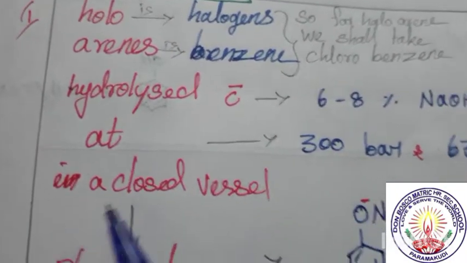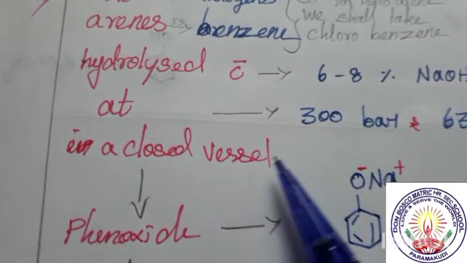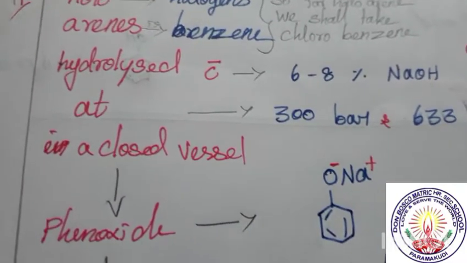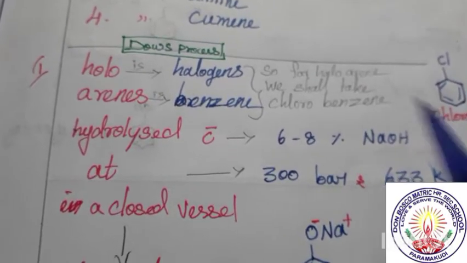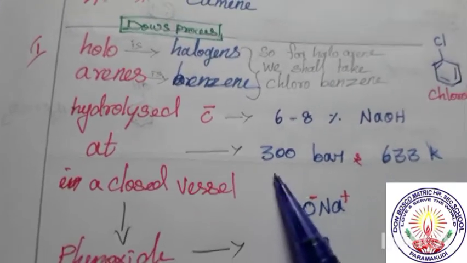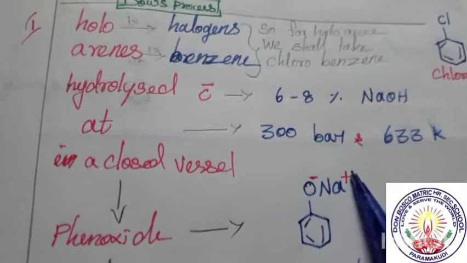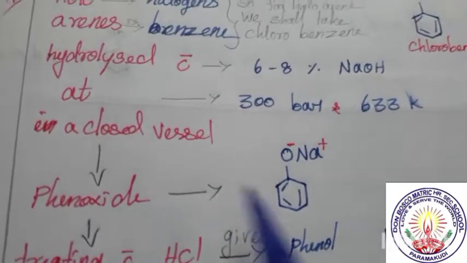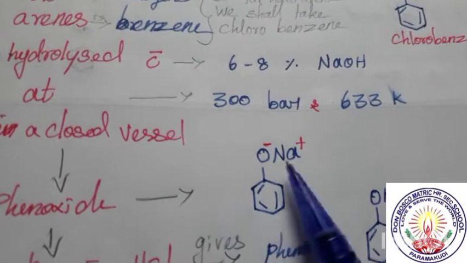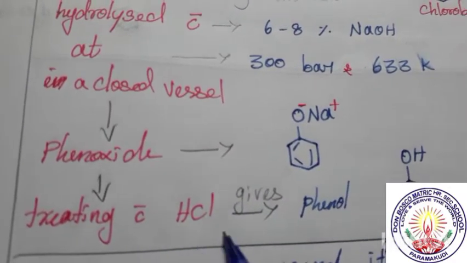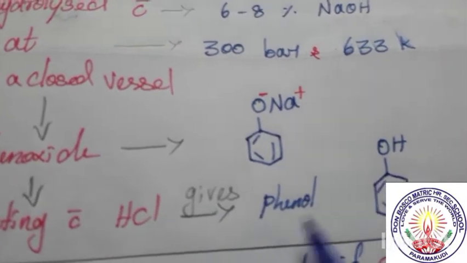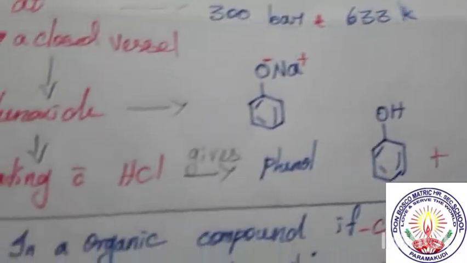And it is taken in a closed vessel. So we are getting sodium phenoxide. So when this chlorobenzene is hydrolyzed with NaOH at this temperature in a closed vessel, we are getting sodium phenoxide, that is benzene O minus Na plus. And when this phenoxide is treated with acid, it gives phenol and sodium chloride.